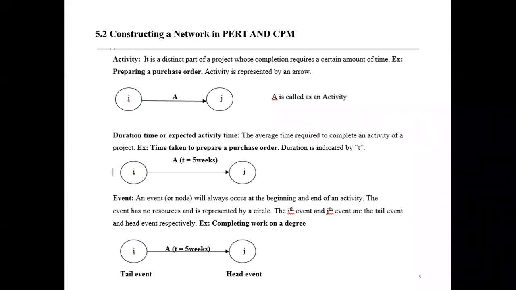But the constructor will divide the work into many activities in relation to the project. For example, first getting a map from the architect, then doing the landscaping. For example, A activity, B activity, maybe C, they will break the overall project into activities.